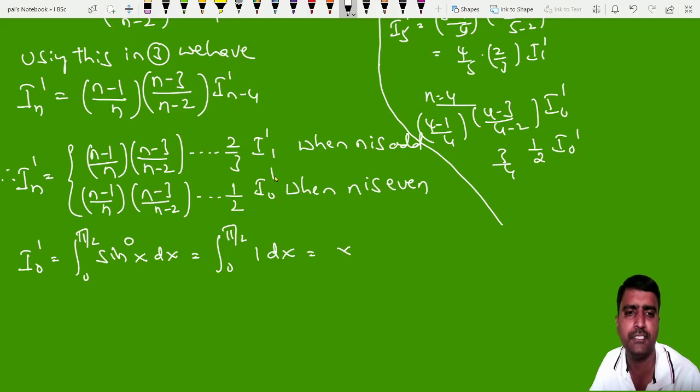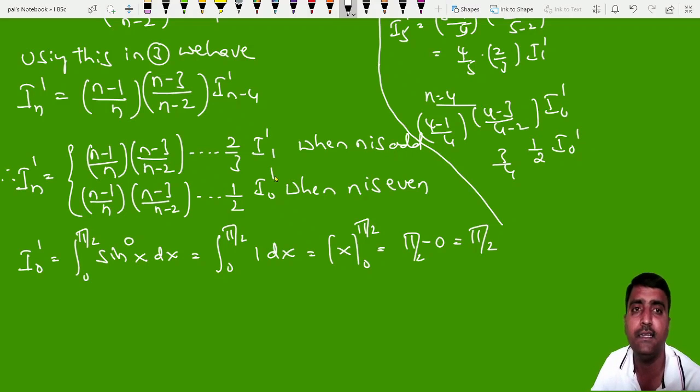What is the integration of 1? Integration of 1 is x with limit 0 to pi by 2, which is equal to pi by 2 minus 0, which is pi by 2. I naught dash value is equal to pi by 2.